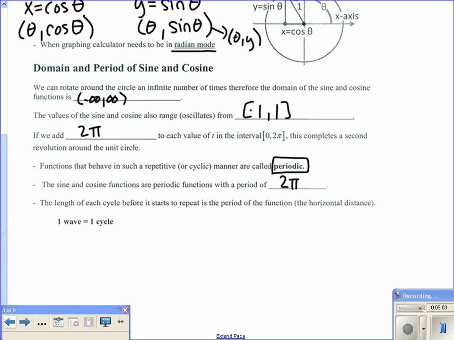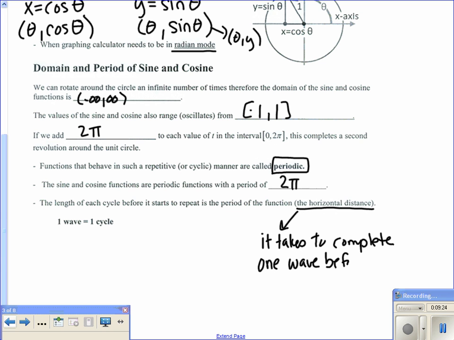So the length of each cycle before it starts to repeat is the period of the function, and this is the horizontal distance it takes to complete one wave before the graph starts to repeat.